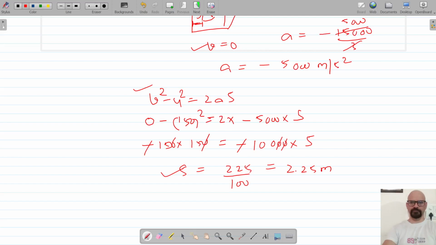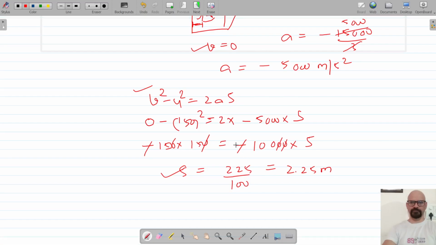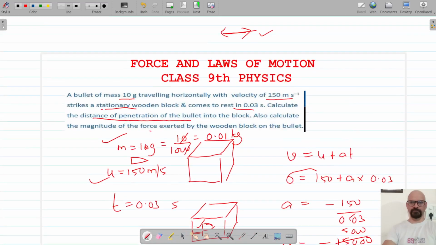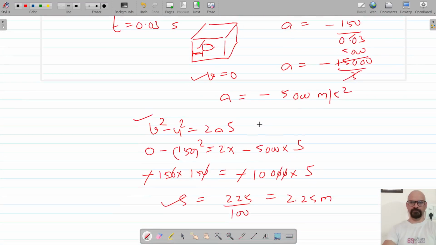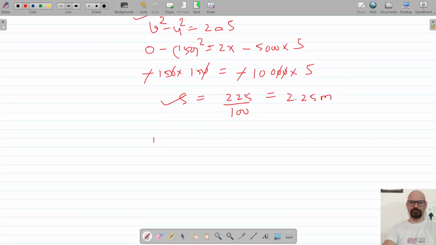And at last, in the end, it's asked what is the force exerted by the wooden block on the bullet? The force is equal to mass into acceleration. And here the mass is 0.01 and acceleration was negative 5,000 meter per second square.